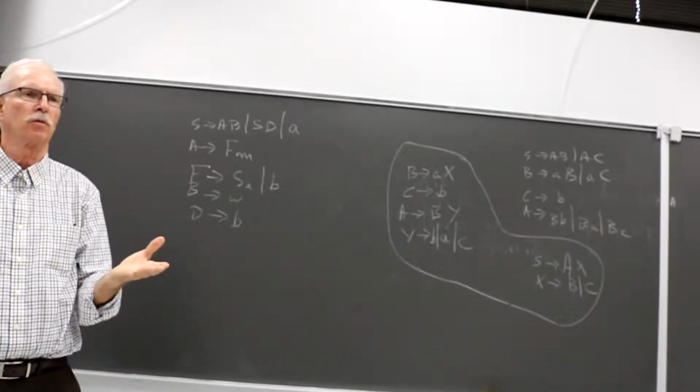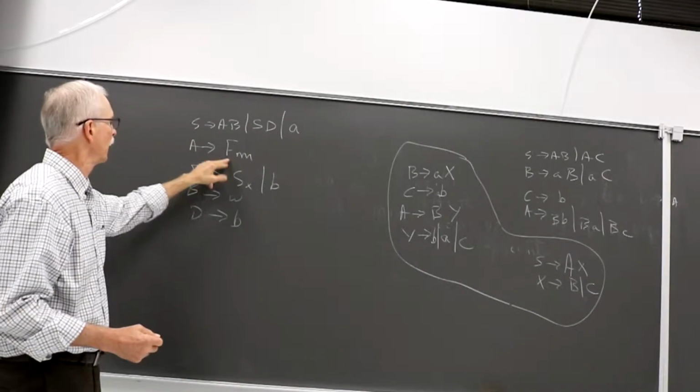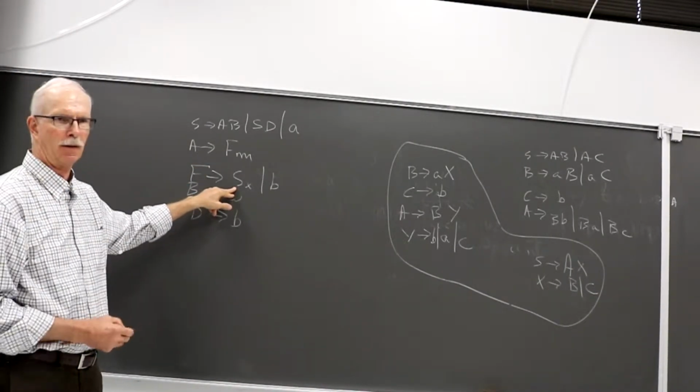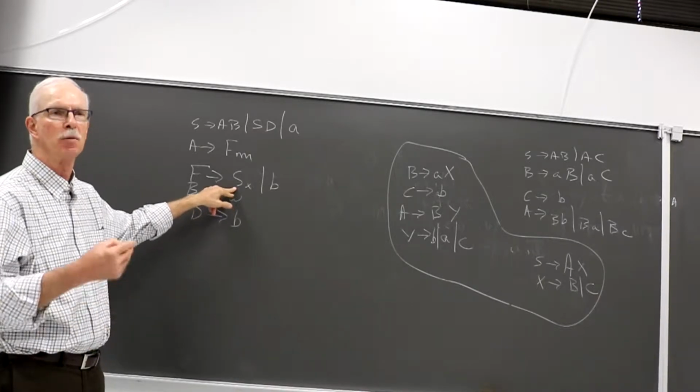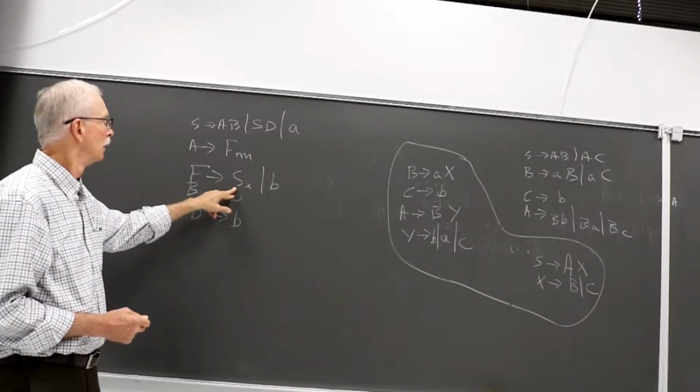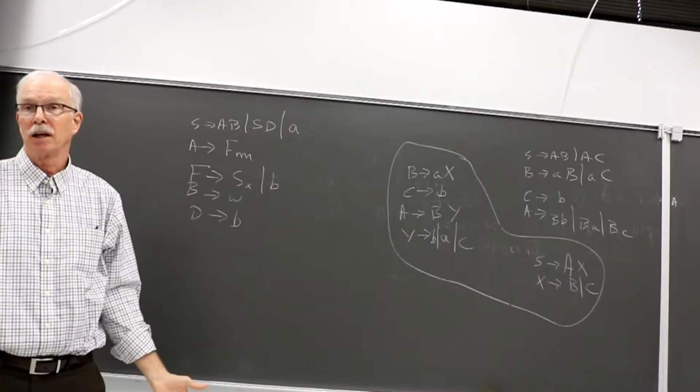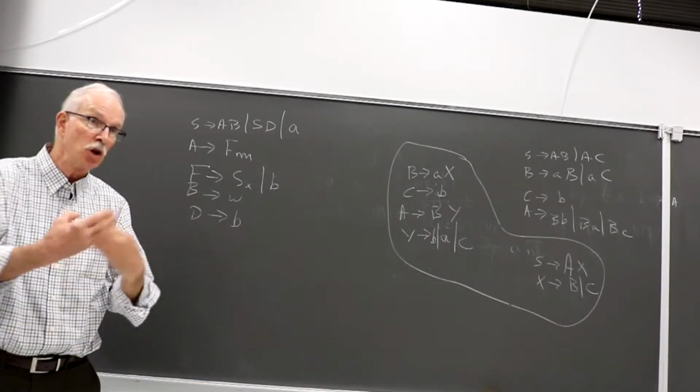A goes to F, F goes to S. I want to fix the non-immediate left recursion, because I got to do immediate left recursion after I fix the non-immediate.